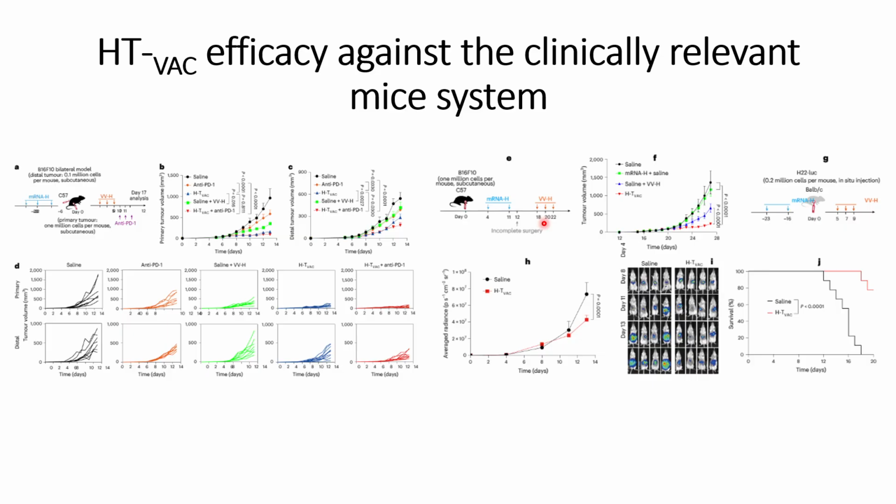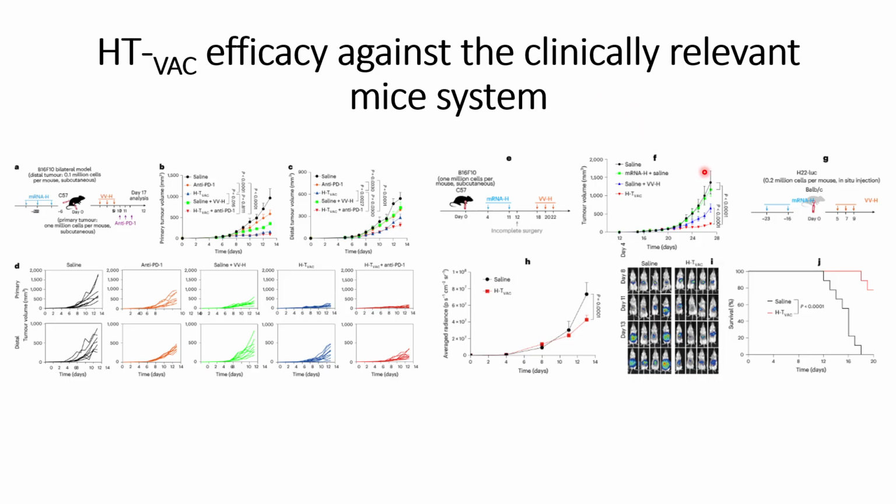They checked whether the performance of HT-VAC is better than the controls, and they see that when they use HT-VAC, there is maximum tumor suppression compared to the controls. So here also the results are consistent, with HT-VAC outperforming all other cases.